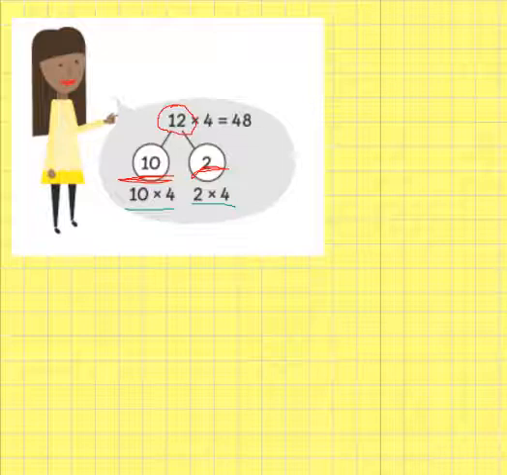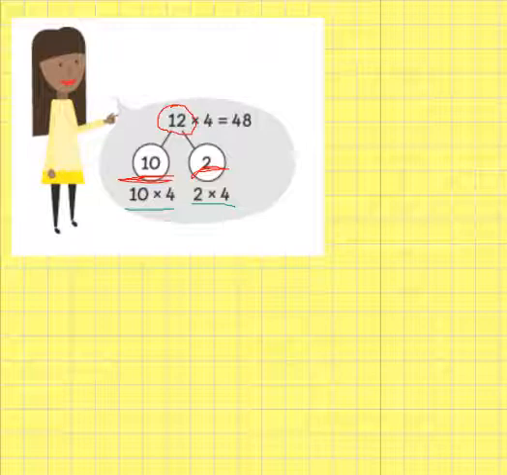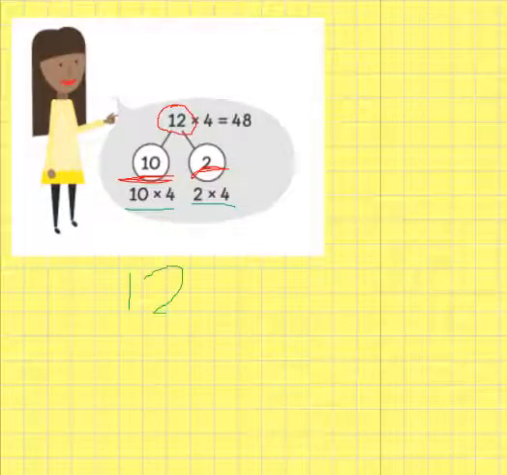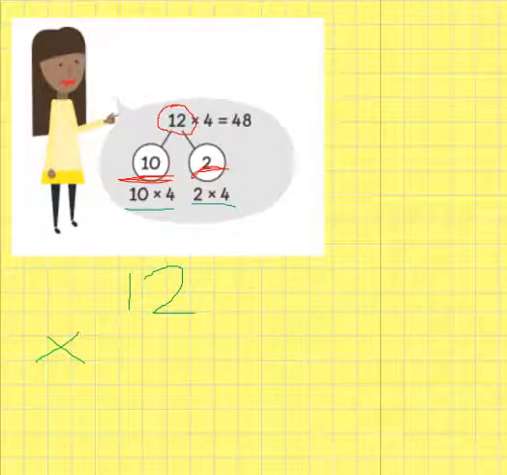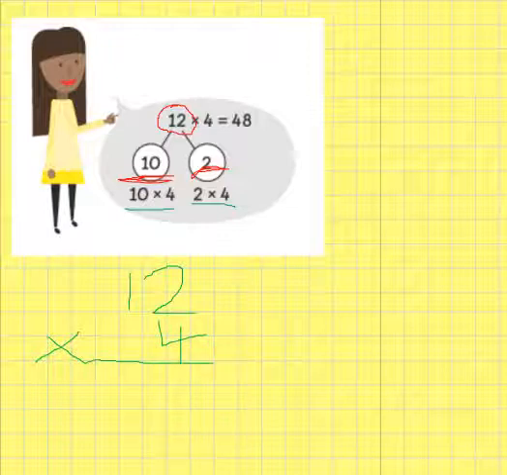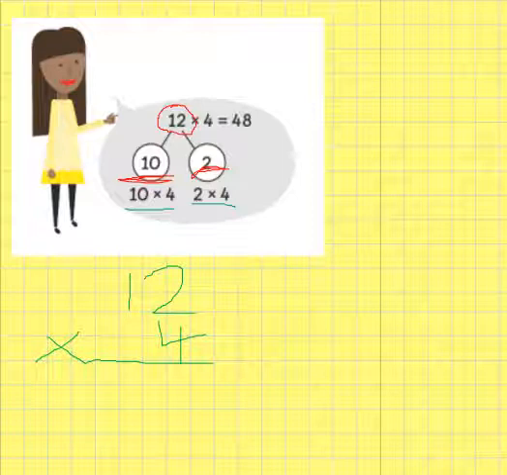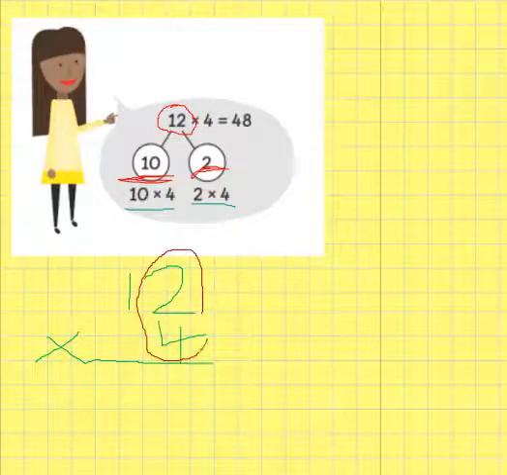And if we were doing this using a column multiplication method, it would look something like this. So we would do 12 multiplied by 4. We would draw a neater line than this underneath, and we would say 2 multiplied by 4 gives me 8.